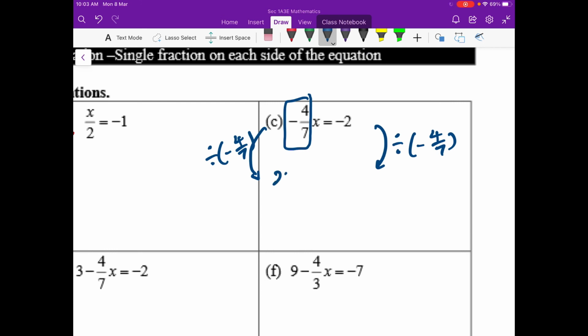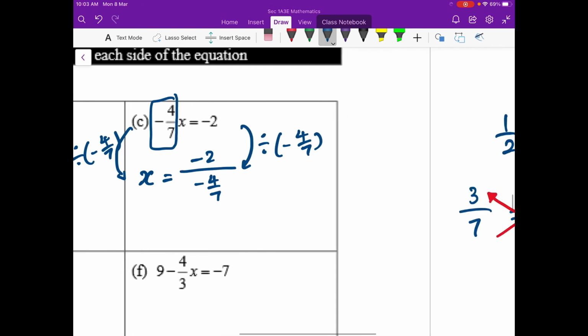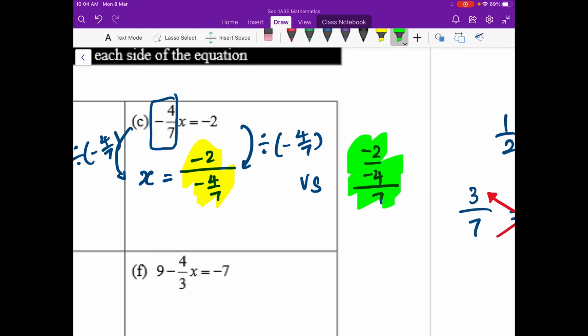So we end up with x equals to negative 2 over negative 4 over 7. The way you write fraction in a fraction is important, so that you don't confuse yourself with negative 2 over negative 4, over 7. Are they the same? Do you think these two are the same? This fraction and this fraction, are they the same? You try in your calculator.